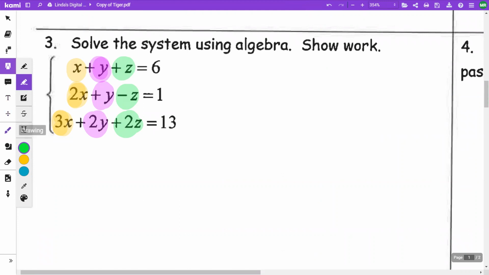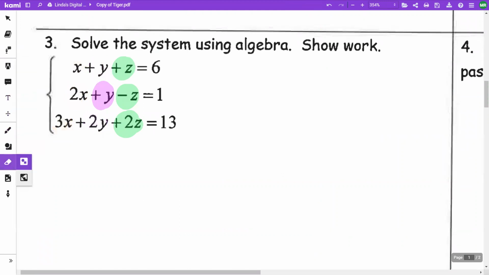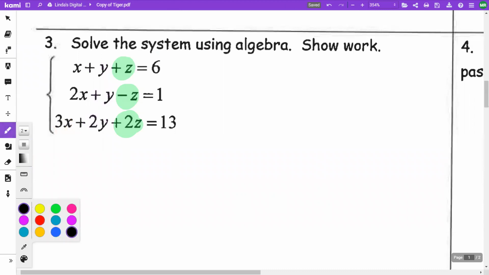So I am going to eliminate my z's. So I'm going to have equation 1, equation 2, and equation 3.